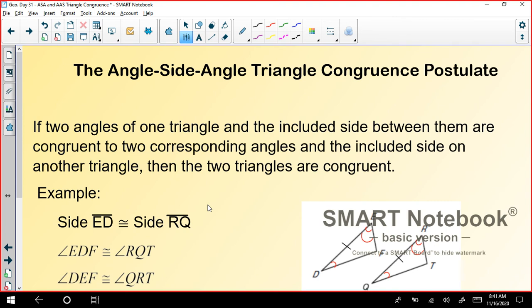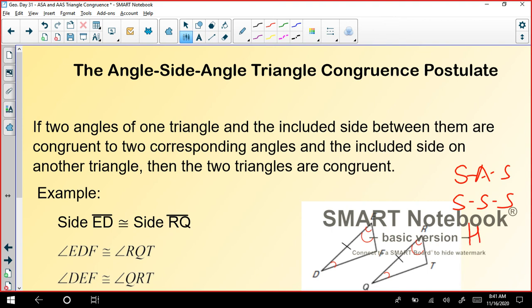SAS says that if two sides and an included angle of one triangle are congruent to two sides and the included angle of the other triangle, then both the triangles are congruent. Then you saw the SSS postulate, which says that if three sides of one triangle are congruent to three sides of any other triangle, then both the triangles are congruent.